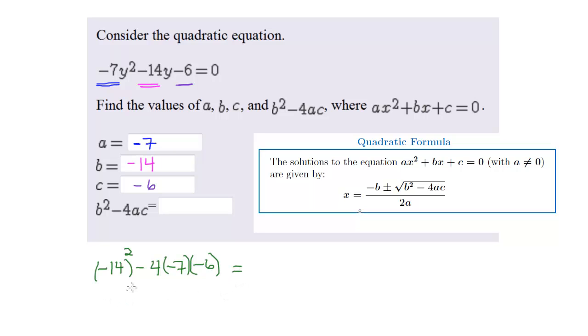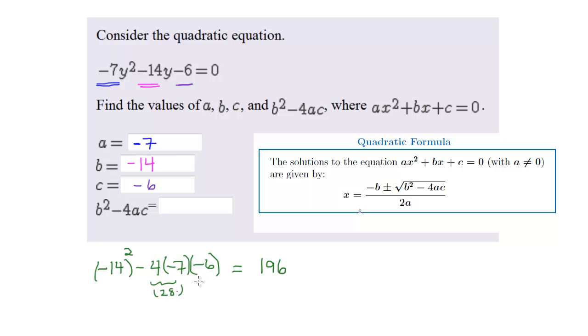Now, order of operations tells us we need to first work out negative 14 squared. Negative 14 squared is simply 196. Negative 14 times negative 14. And then the multiplication must be done out. So I take negative 4 times negative 7. Those two together give me 28.